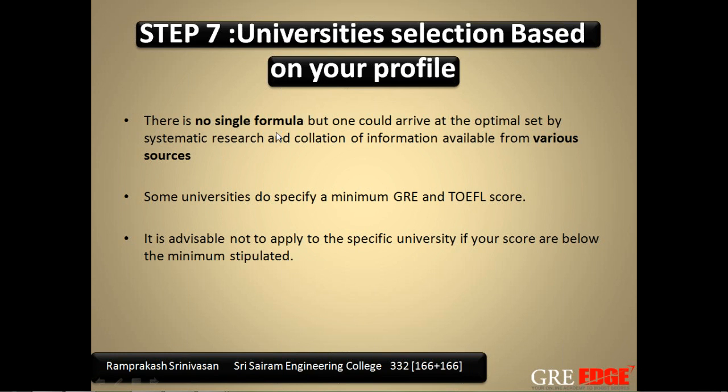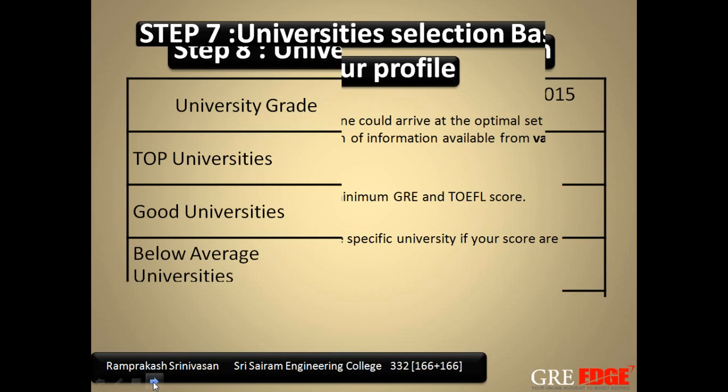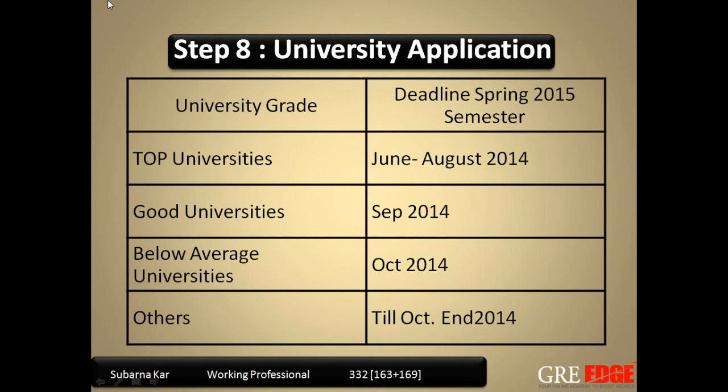Then getting on to the next thing, after selection of universities based on your profile, you should look for the different application deadlines which different universities have. That is step 8 in the 10 steps of choosing your dream university. So if you are going for the spring 2015 semester of admissions, you should make sure that the top universities have their deadlines in June to August 2014.